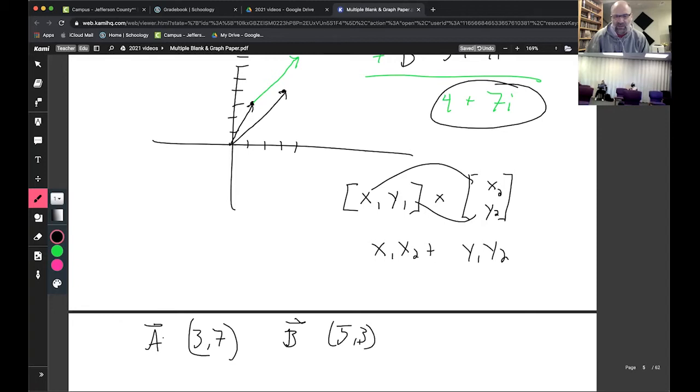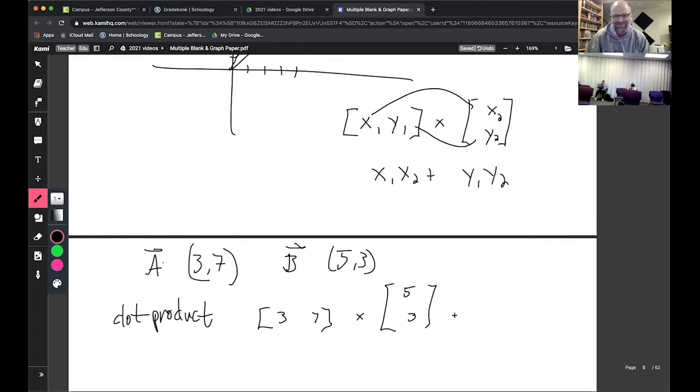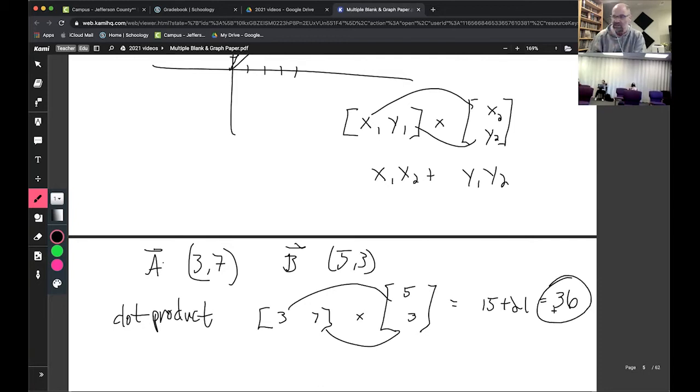If I wanted to find the dot product, then that would be 3, 7 multiplied by 5, 3. So that would be 15 plus 21, right? Because 3 times 5 is 15, 7 times 3 is 21. So that's 36. So the dot product of those two vectors is 36.